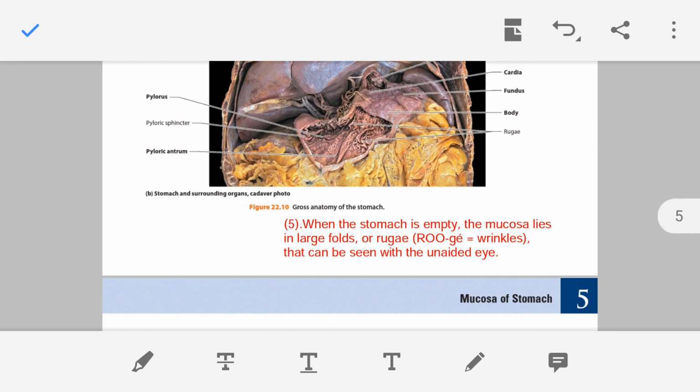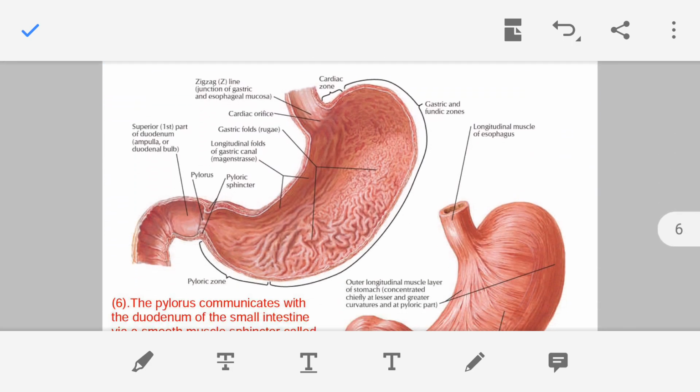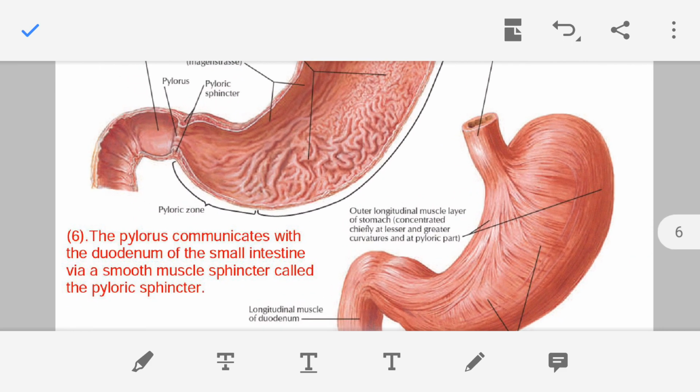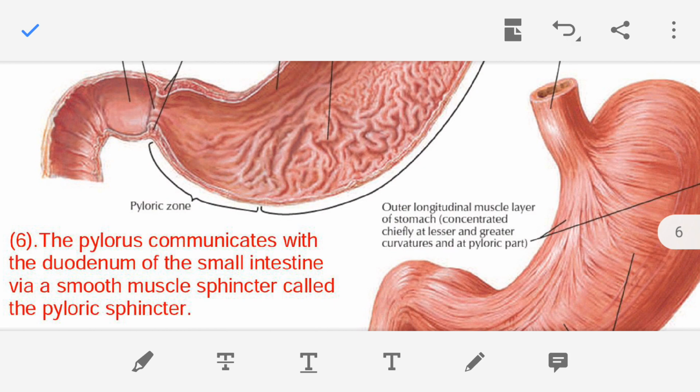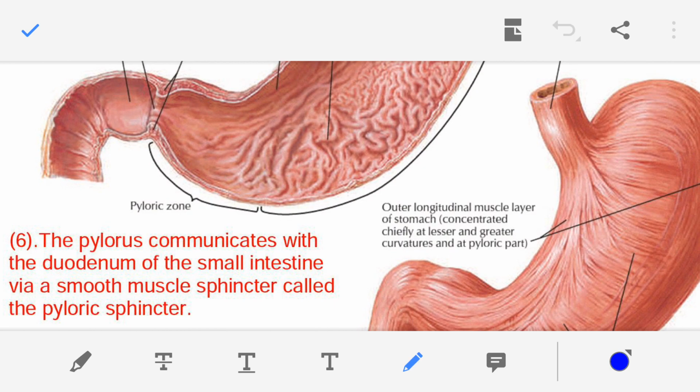Now moving on to the sixth point of our discussion. We know that in the stomach the digestion process takes place. After the digestion, the food is present in the form of chyme.